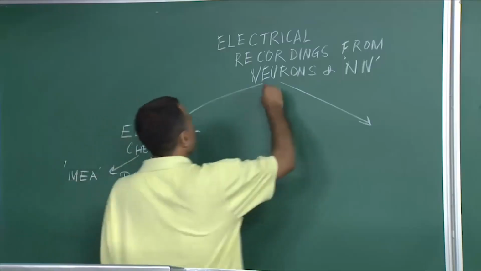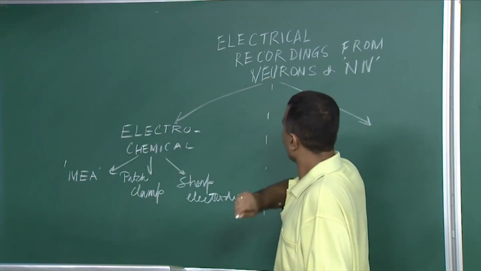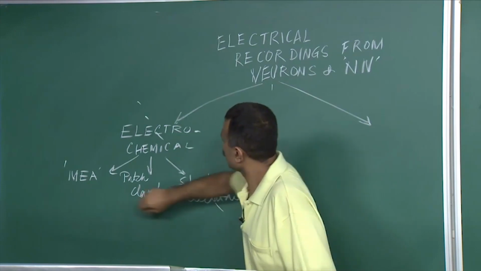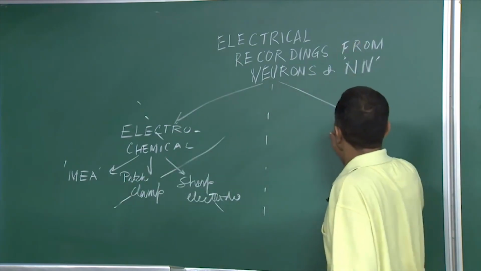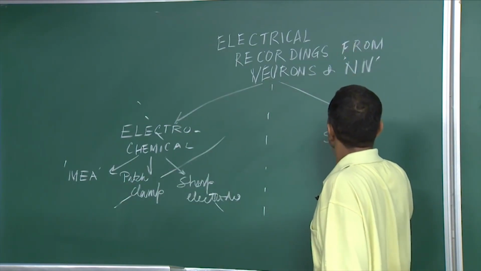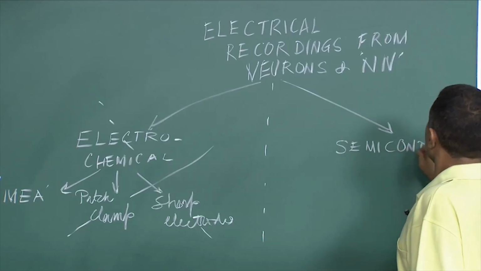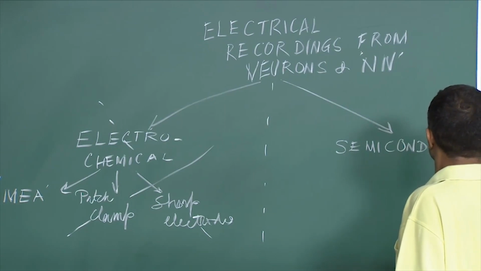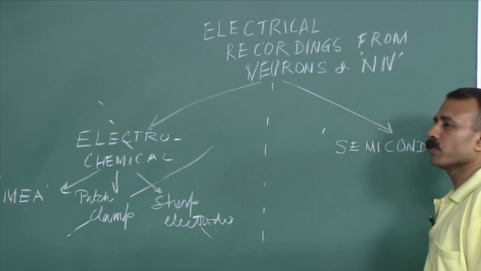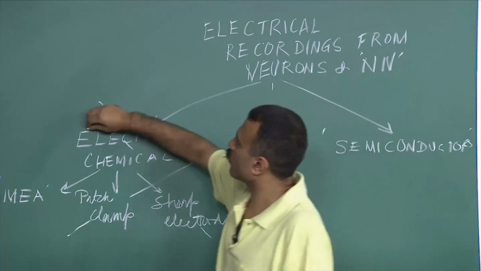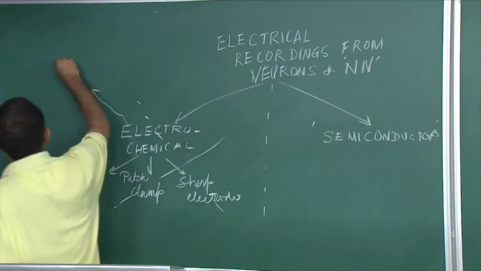Now we will be talking about a different class. This is the class we have already done. We will be talking about using semiconductors, where we are dealing with a different kind of charge transport. In all the electrochemical charge transport, they all involve ions.